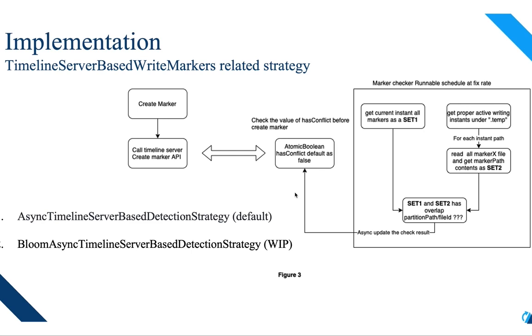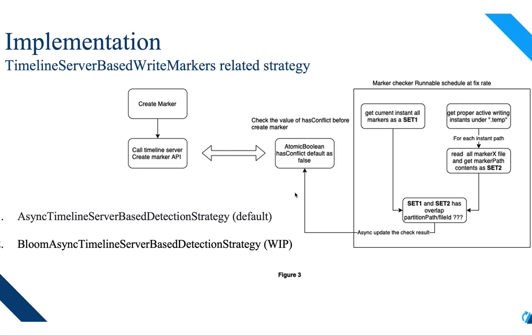Next, let me introduce the timeline server-based write markers related strategy, which is the async timeline server-based detection strategy, the default one. This design explains the create marker API on the timeline server. As shown in Figure 3, the client side calls the create marker API, directly requesting to create markers on the timeline server.